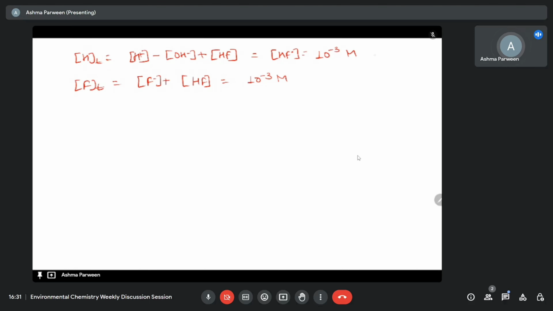So from equation 1, we can solve this question.